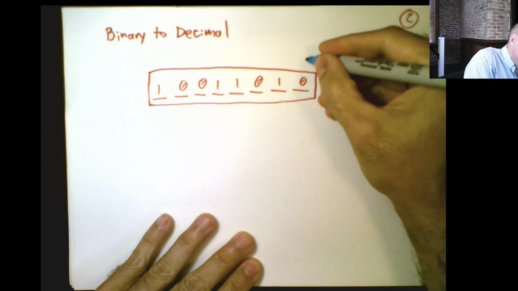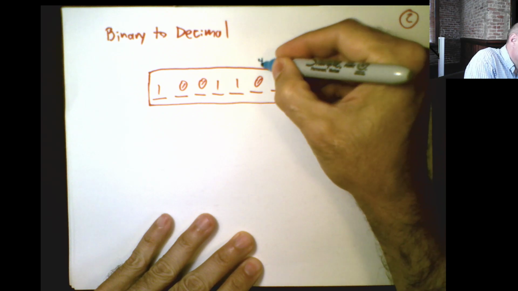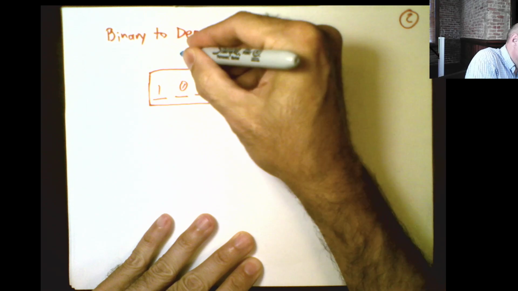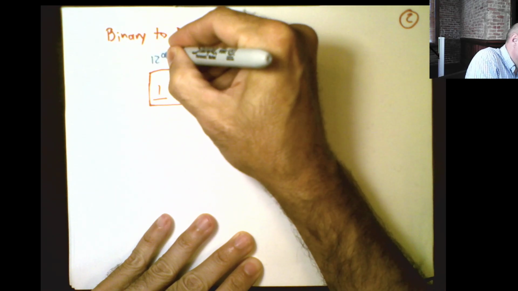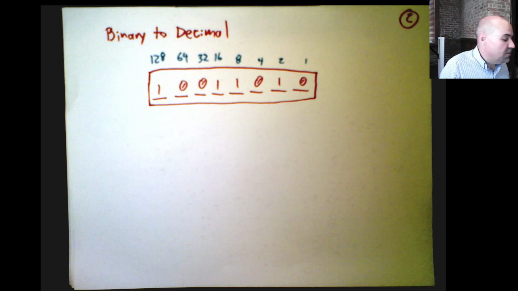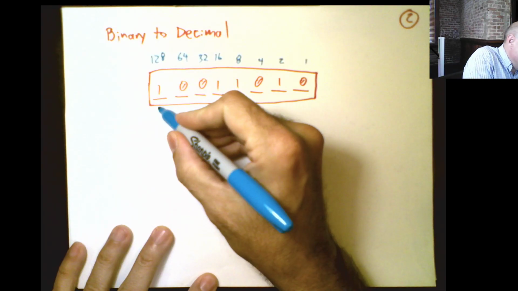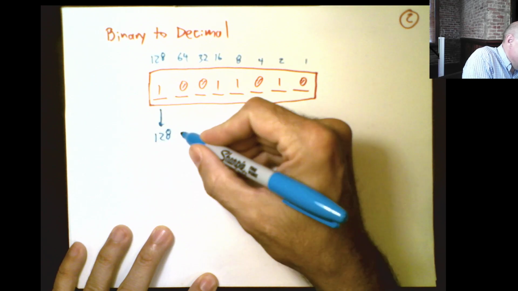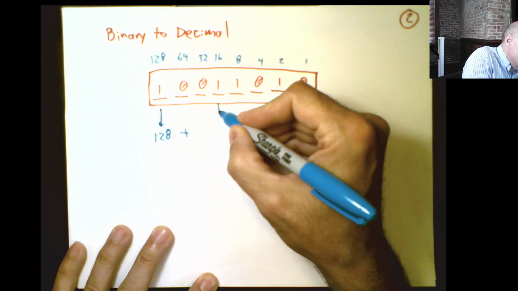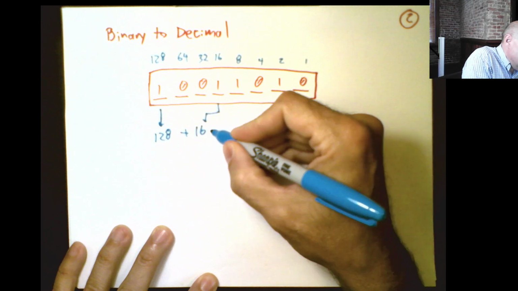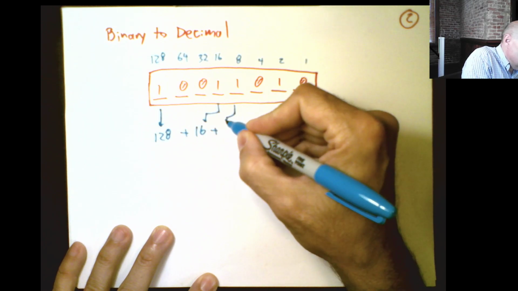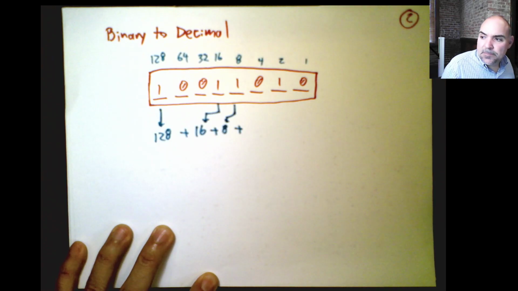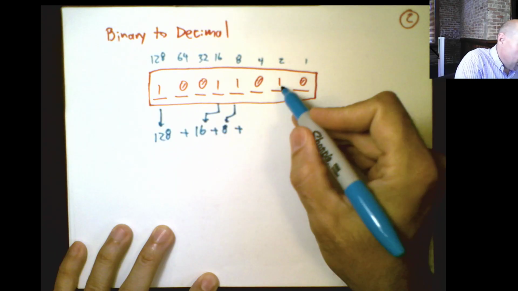All right, so let's do that. So place values: 1, 2, 4, 8, 16, 32, 64, 128. Okay, so as a reminder, we're going to bring down any of these that have a 1. So this is going to be 128 plus, and then this one's going to come down, 16 plus 8 plus, and then we don't have a 4.